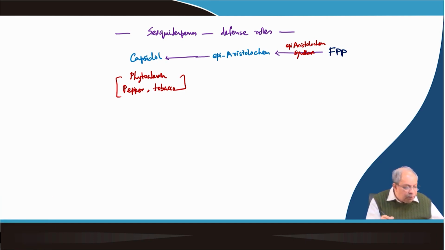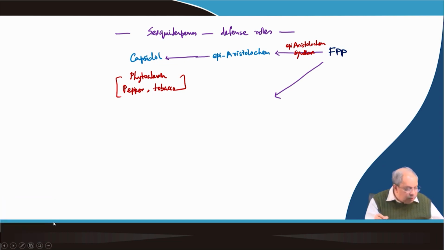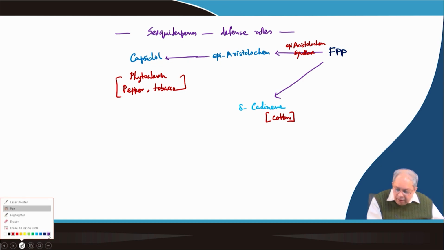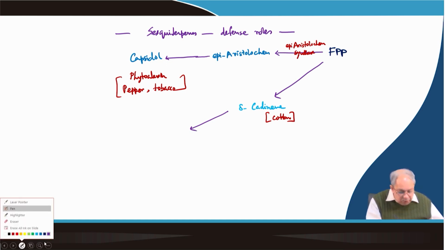Okay. Other route from here contributes towards the formation of delta-cadinene. So, this is found in cotton, and this finally makes the structure which is called gossypol.